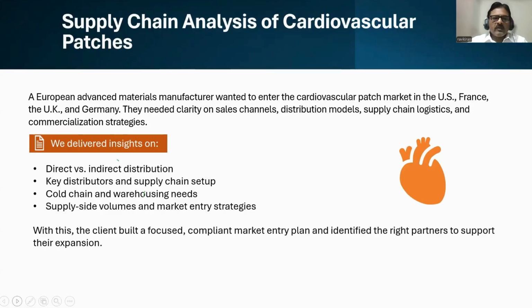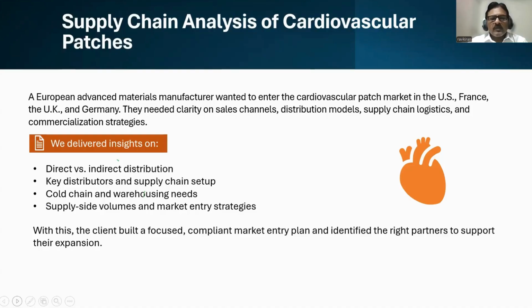So for these types of cardiovascular patches, we tried to analyze where these patches were manufactured, and where the companies got raw materials for manufacturing these patches, because some are synthetic based patches where the companies need different chemical raw materials, but some are biological based patches where the companies need to get from allografts or autografts, meaning grown cells from different stem cell labs.